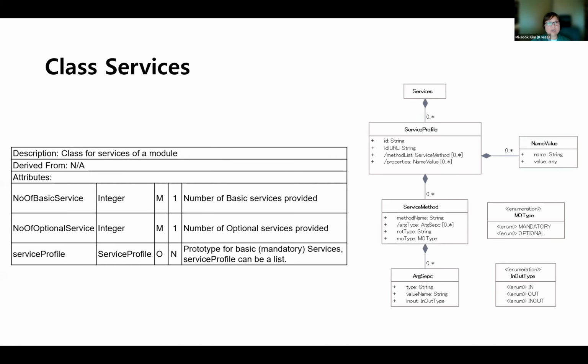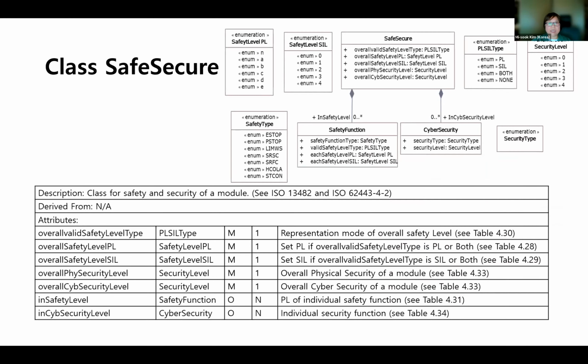An error type is also used for the safety or reliability of the module. The services, as I mentioned earlier, are for the functionality and capability of the module. They also need to be specified for the user and for other modules. The security and safety levels should also be specified in types such as PL level, SIL level, or cybersecurity levels.